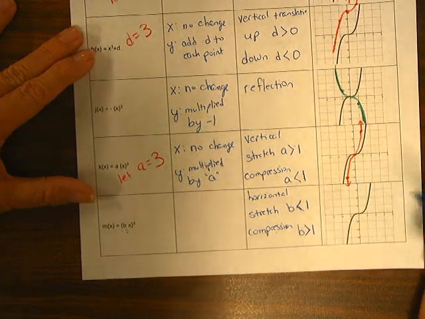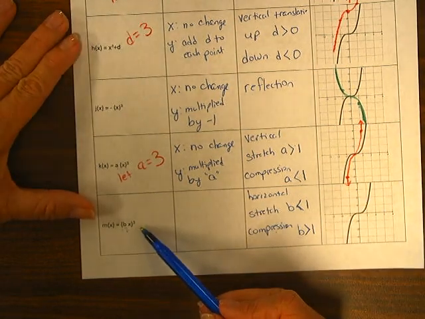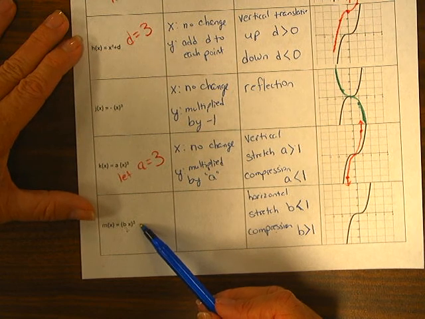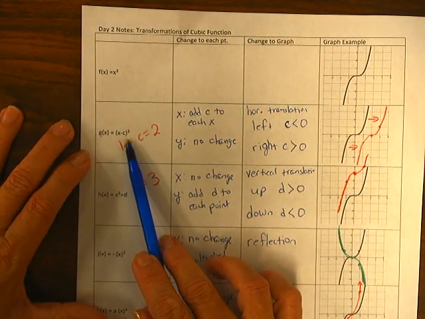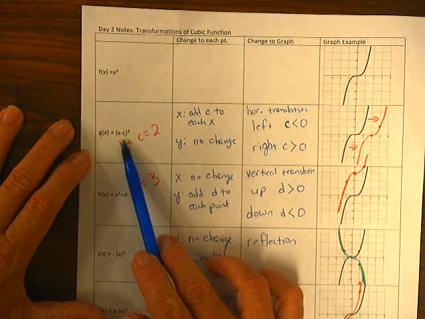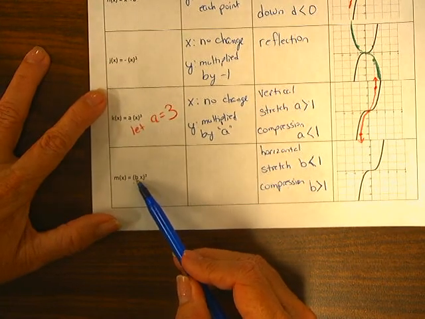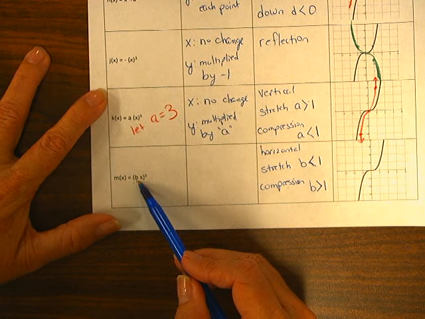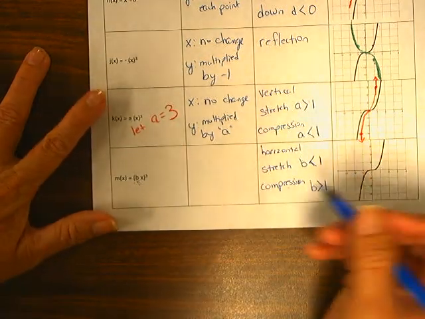And the way I try and remember this for myself is that things inside your parentheses are opposite of what you think. So when we had our horizontal translation, we moved the opposite direction of what c looks like. Likewise, when we have this b value, the stretch or compression are opposite of what you would think. I don't know if that helps you or not, but that's how I remember it for myself.